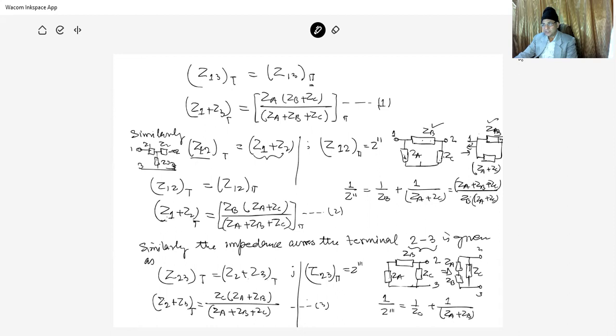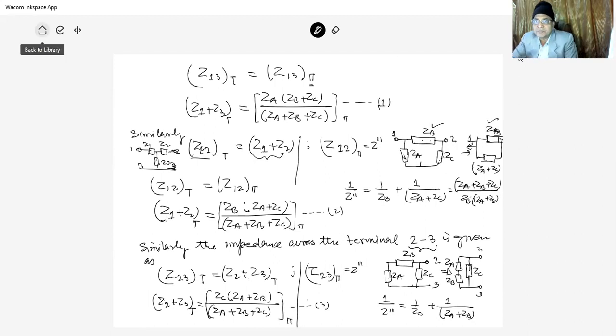So 1 upon Z triple dash is equal to 1 upon ZC in parallel with ZA plus ZB. So this Z23 between terminals 2 and 3 is equivalent to ZC into ZA plus ZB divided by ZA plus ZB plus ZC of the pi network.